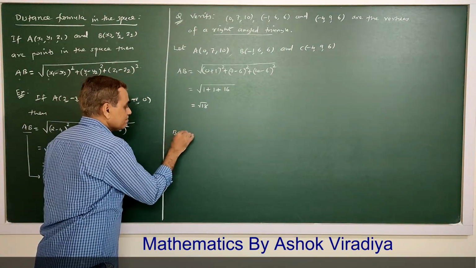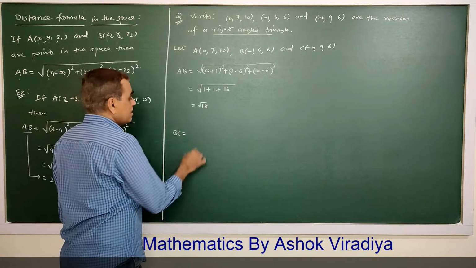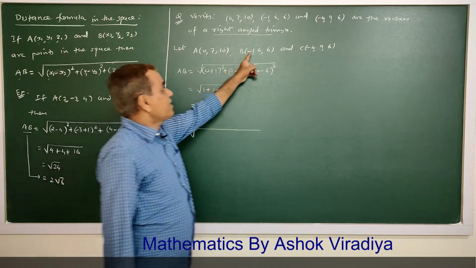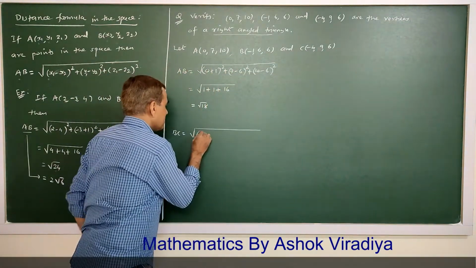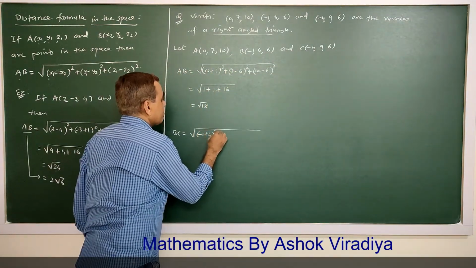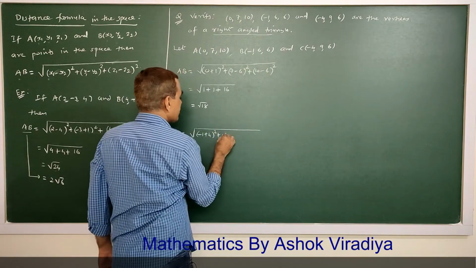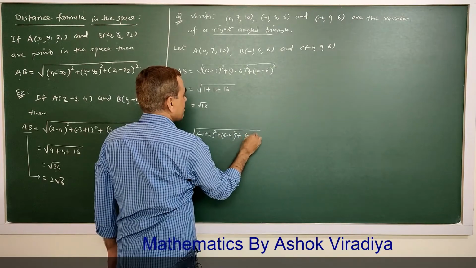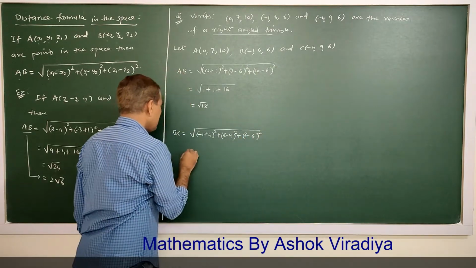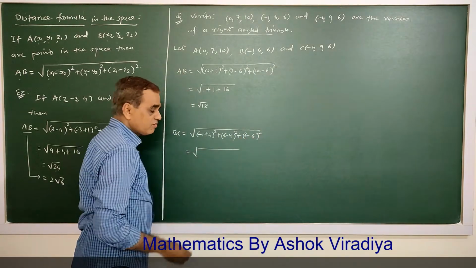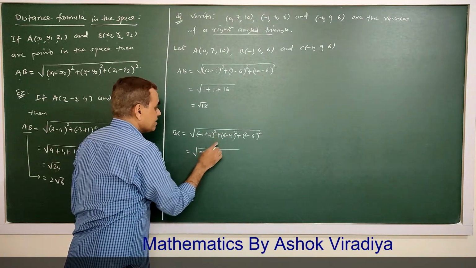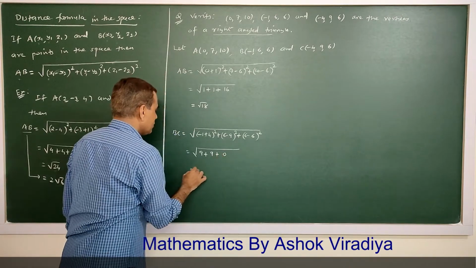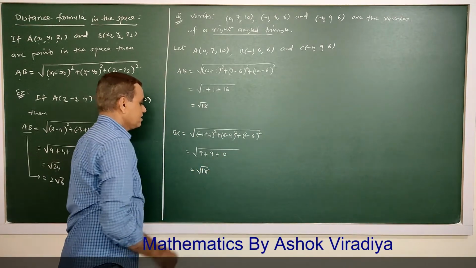Then BC, applying the distance formula on B and C: the square root of 3 square is 9, here minus 3 square is 9, this is 0, so this is root 18.